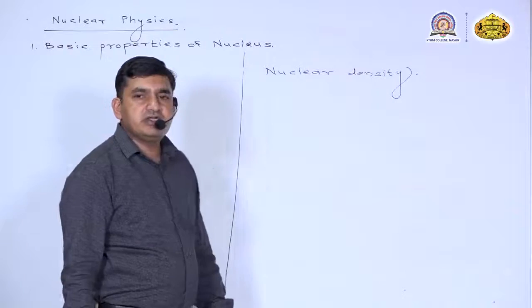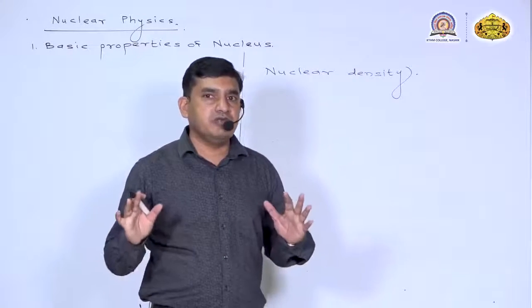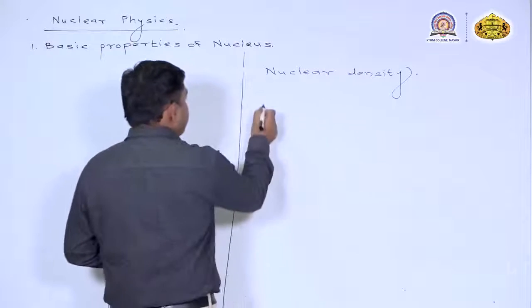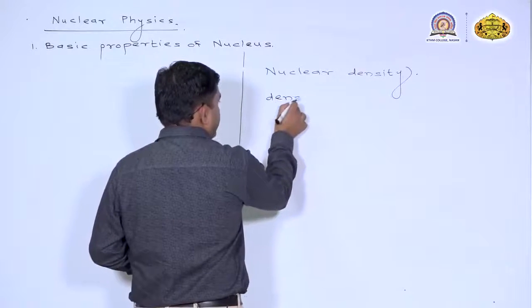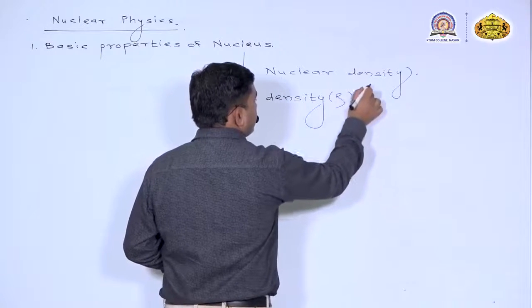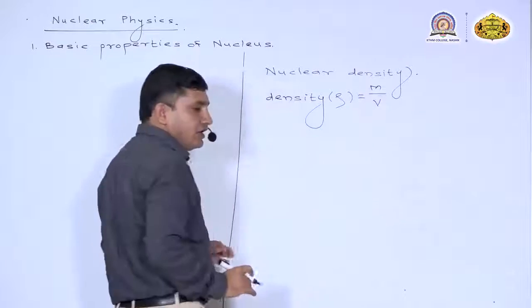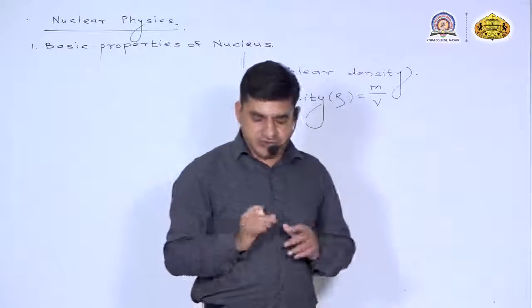We know that the density is mass upon volume. So the density of the nucleus, rho, is equal to the mass of the nucleus divided by the volume of the nucleus.